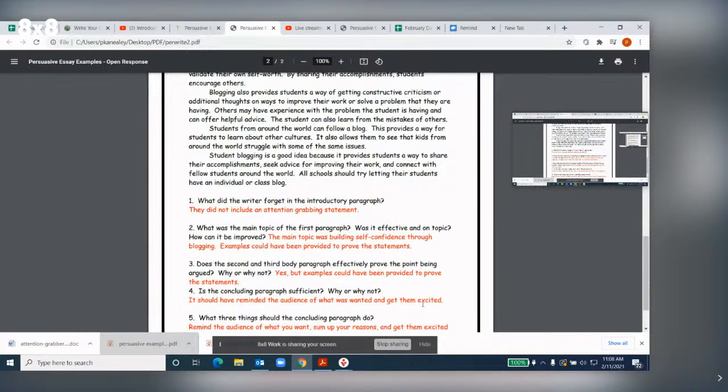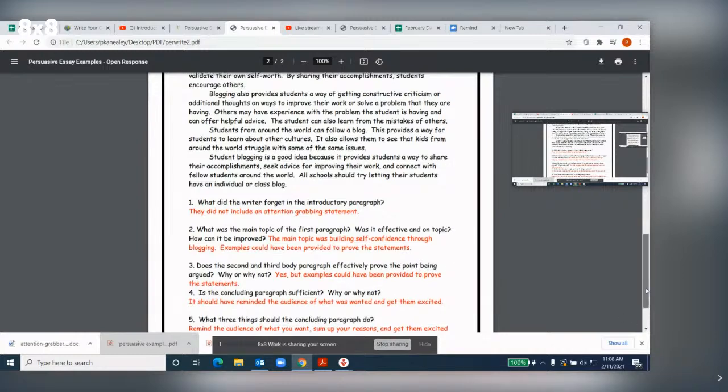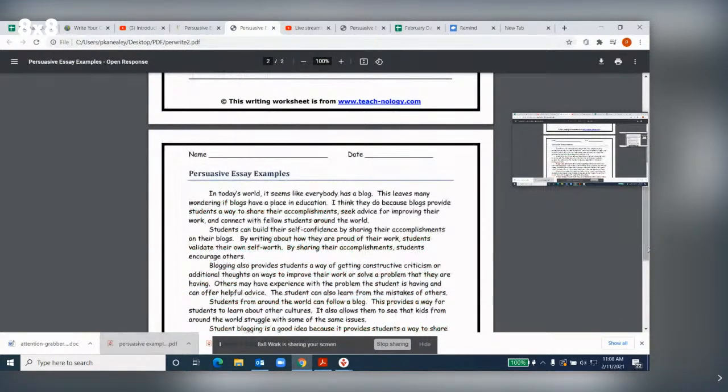Now if we go back and look at this as a whole, this essay is fine, you guys, it really is. But if you were reading it, you'd say, yeah, it was pretty good, but there weren't any specific details in there. And that's what really makes the reader get excited. Because think about when you're reading something.